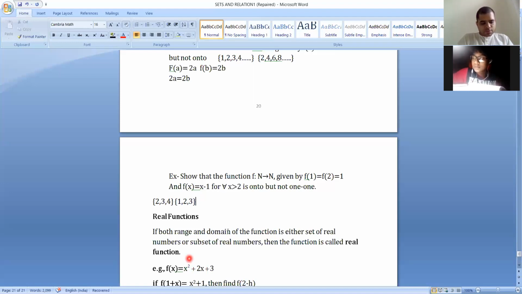So for f1 to be a function, every element of set A should have only one image. So you see 2 has only one image, 2 comma 1. Then 3 has, you see, 2 images, 3 comma 1 and 3 comma 2.